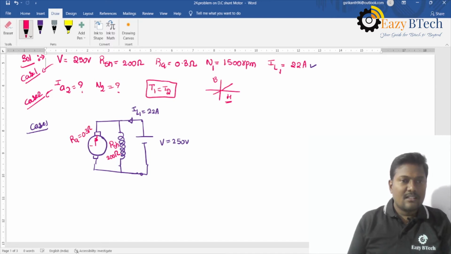And with this, back EMF is also present. The current that flows through the shunt field winding is ISH, and the current that flows through the armature is IA. If you apply KCL at this node, IL1 is equal to IA1 plus ISH1.